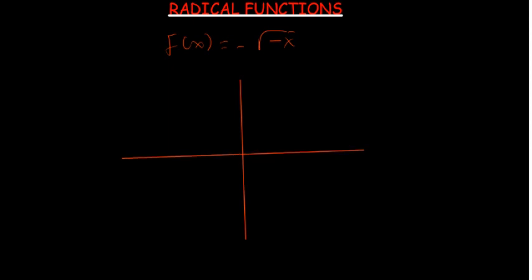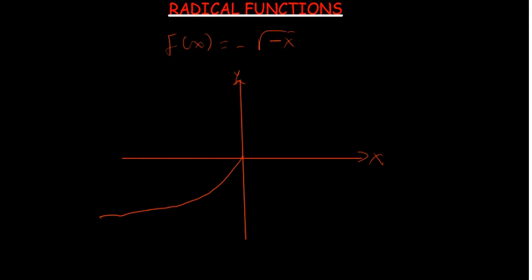Now, because we've put a negative also outside, it means we are reflecting our graph. So this graph then tends, it will be in this region. That is, the negative inside there will be catered for the negative portion of the x-axis. And then this negative will be catered for the negative portion of the y-axis. Okay, so that will be the graph.